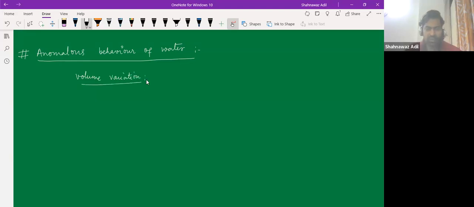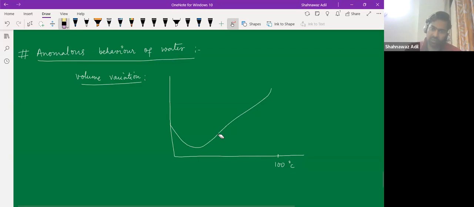The usual thing is that the volume should increase, but in the anomalous property, this is 100 degrees C, and we are starting from zero. So starting from zero, at a certain point it decreases and then it increases, right? It decreases first and then increases, right?